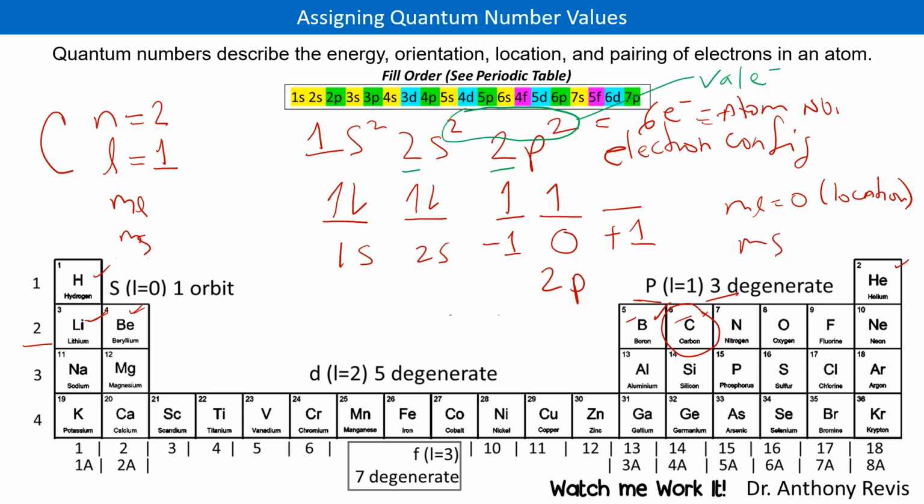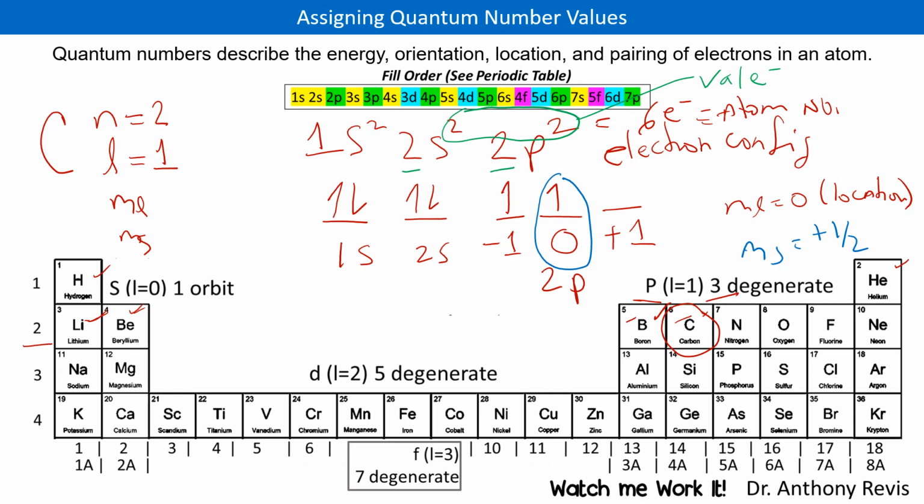The MS then will look at the last electron in. The last electron in is in the ML 0, and its orientation is up. Therefore, our MS is equal to +1/2.